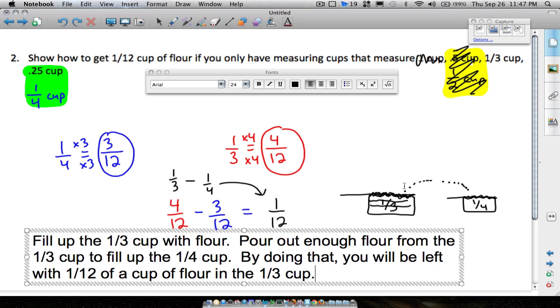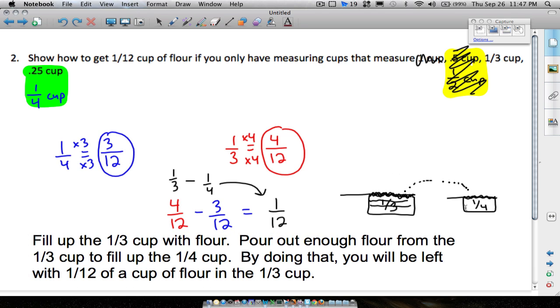And you're going to pour out enough flour from here to fill this thing up. So really what you're doing is you're taking it away. You're subtracting off enough flour to fill that up. And what you're going to be left with inside of that 1/3 cup is 1/12 because you removed some of it. I know that can be confusing, but hey, I want to see your thought process on it.